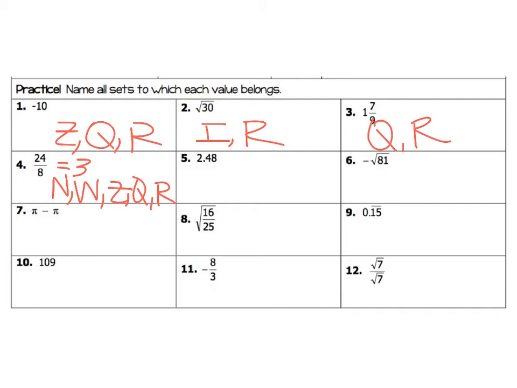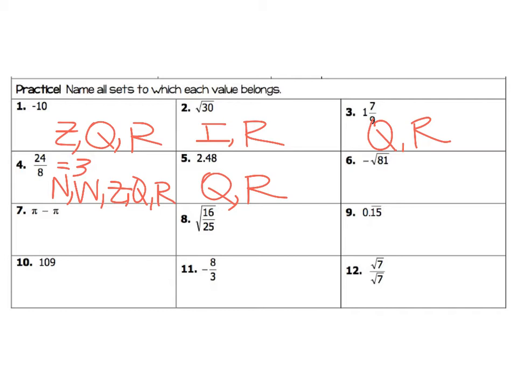Alright, so we're using that chart to help us and using our notes to help us determine if it's a natural number, that means it's also a whole number, integer, rational, and real number as well. Number 5, we've got 2.48. We've got a decimal that terminates or ends. Therefore, we would say that 2.48 is a rational number, and if it's a rational number, it's a real number as well. It's not an integer, whole, or natural number because it's a decimal.